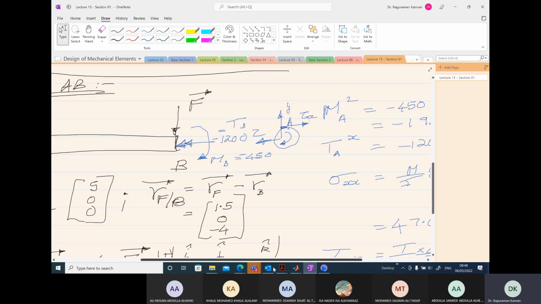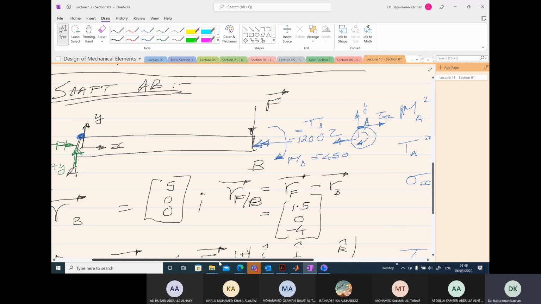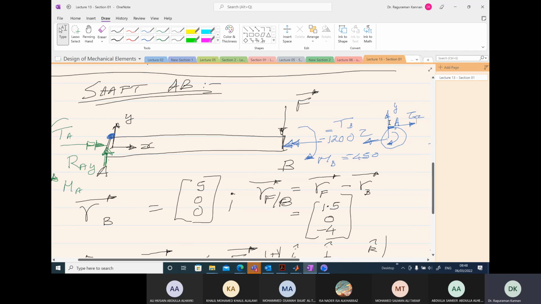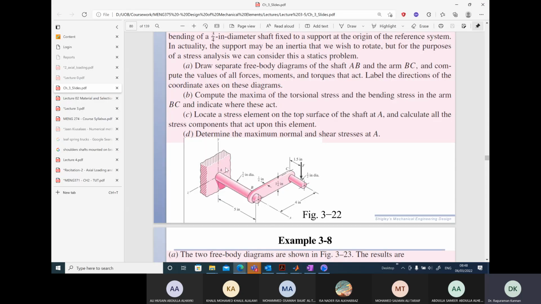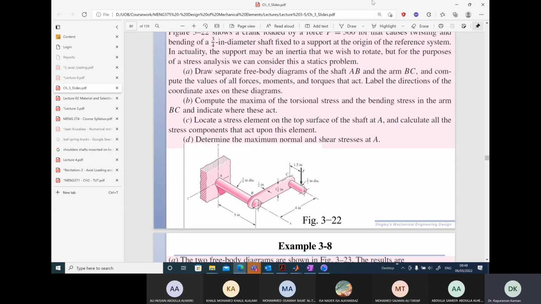And we need to draw the stress element at the point A to exactly figure out whether it is positive or negative. So we look at it from the top here, and we have the stress element like this.